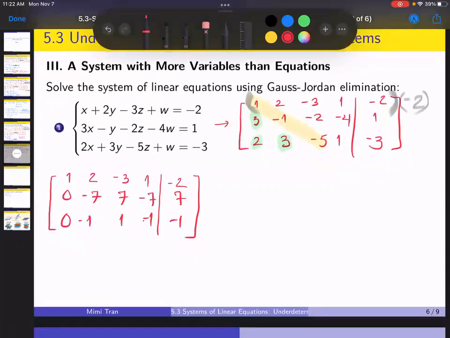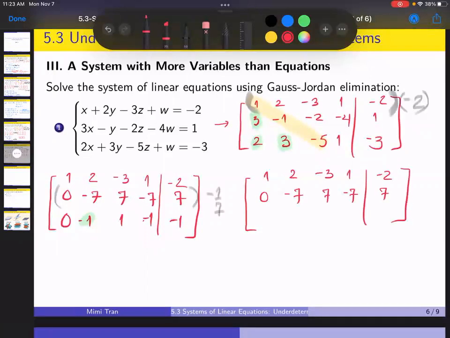Similar to the one that we did earlier, kind of. I need to eliminate this. What do I do? Divide the, yeah. Yeah, let's do that. And then add to the third row, right? 1, 2, -3, 1, -2, 0, -7, 7, -7, 7, 0.